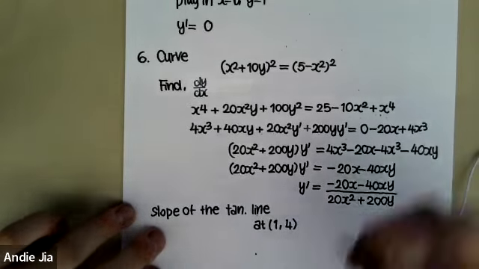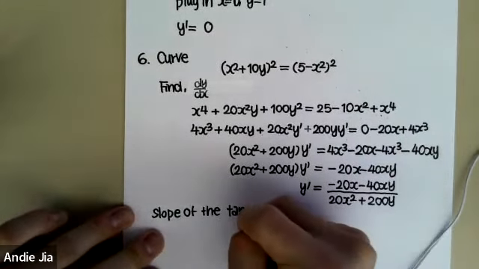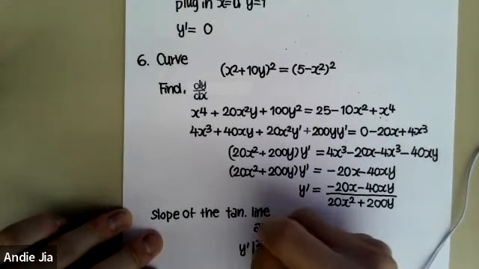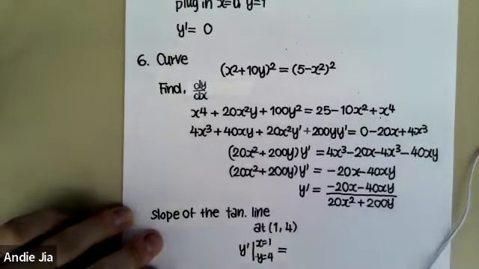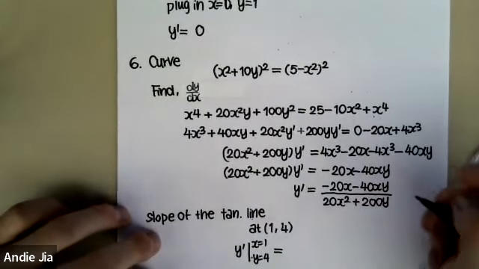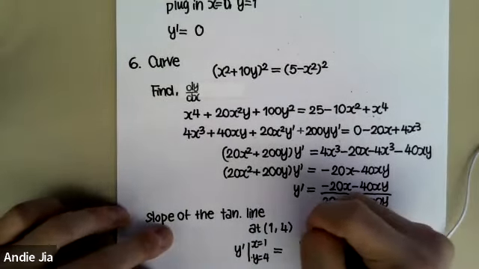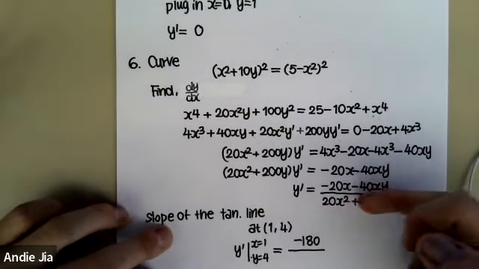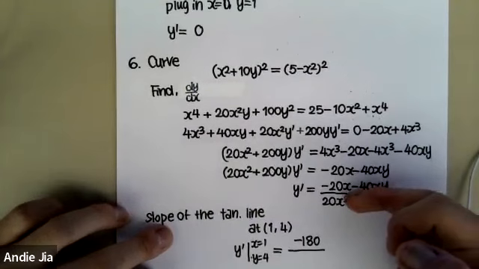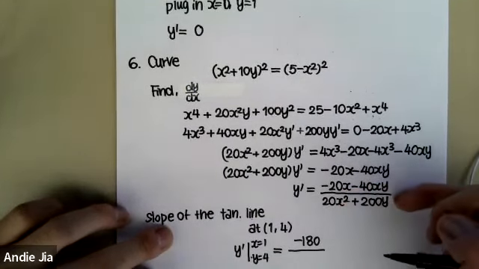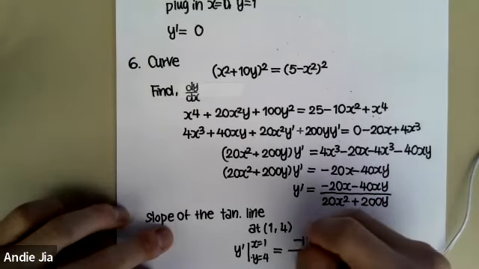What is y prime at x equals 1, y equals 4? It's going to be negative 20 minus 160, which is negative 180, over 20 plus 800, which is 820.